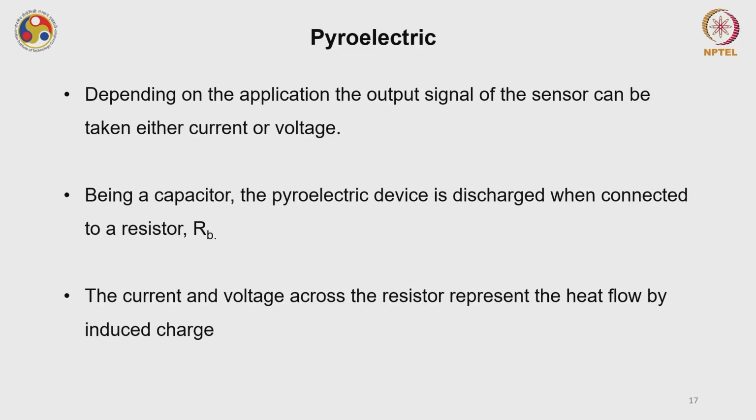Being a capacitor, the pyroelectric device is discharged when connected to a resistor RB. The current and voltage across the resistor represent the heat flow by the induced charge.